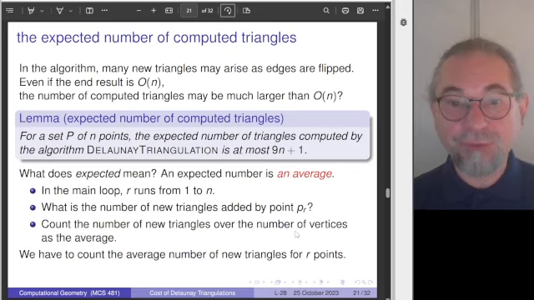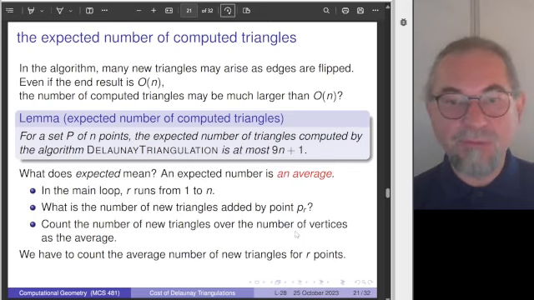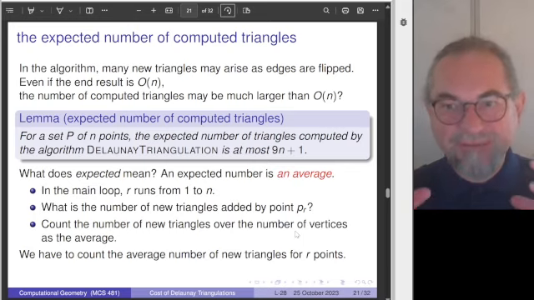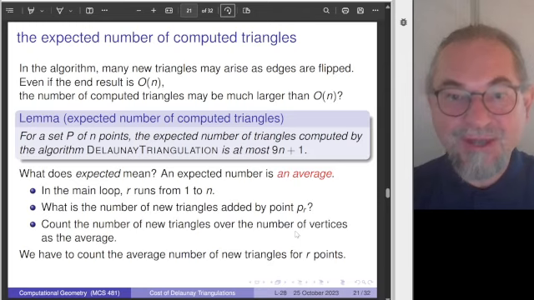So we will compute averages. That's the meaning of this theorem. On average, I said a sharp upper bound, but that's not actually right. We have a precise average, and the most important thing is that it remains linear.